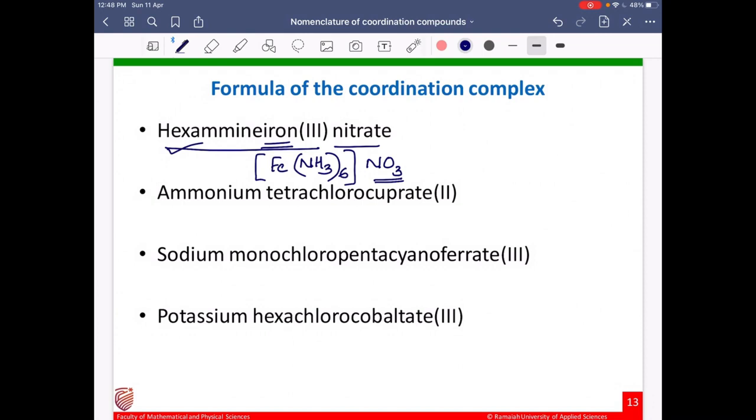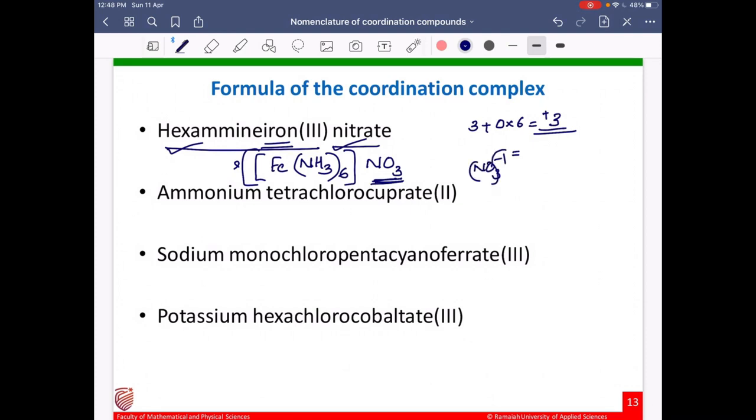Here the oxidation state of Fe is given, that is 3. So that is 3 plus, ammonia doesn't have any charge, so 0 into 6. So the complex ion, that is the cation part, has a charge of plus 3. To satisfy that, NO3 also should have a minus 3. But we know that NO3 is only minus 1.